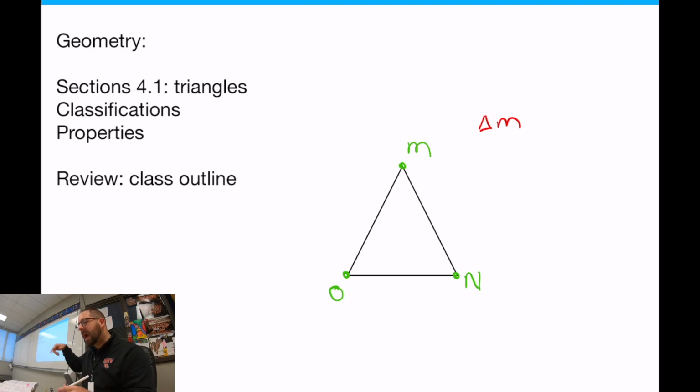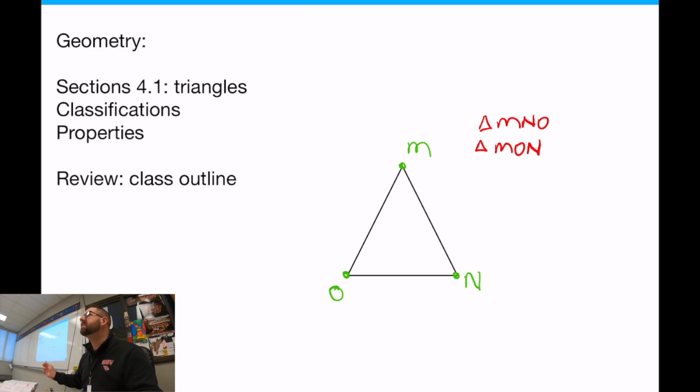So if I'm going to go clockwise, it'd be M, N, O, right? If you started with M, you could have gone the other direction, M, O, N. So again, you have to draw that mock picture out front, and then you put the 3 capital letters after it. Now that system works for any different shape, so just be aware of that.